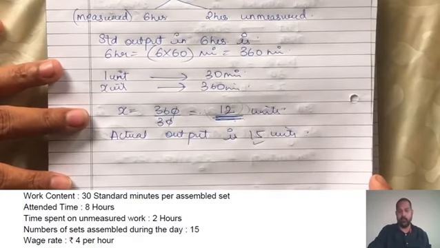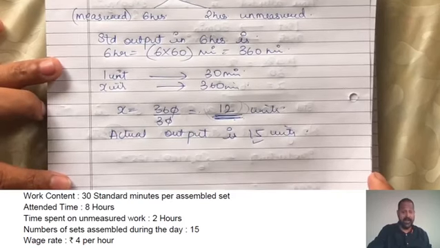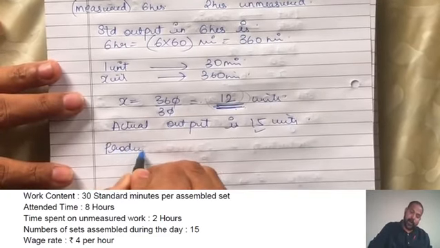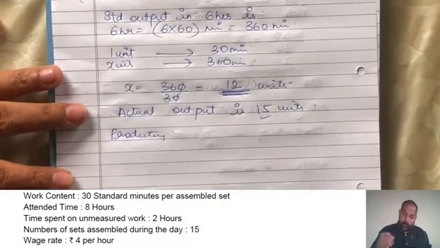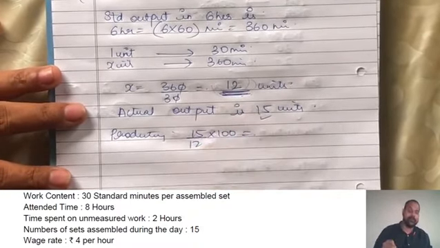Well, if you are giving me an output of 15 units, I am expecting you are giving me better than what I am expecting. So your productivity is going to be 15 upon 12 into 100.